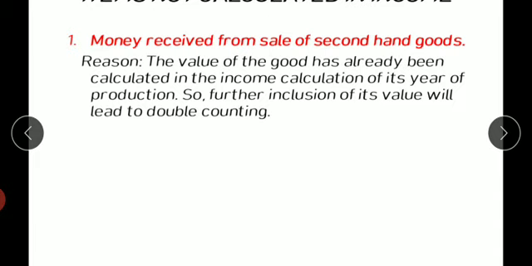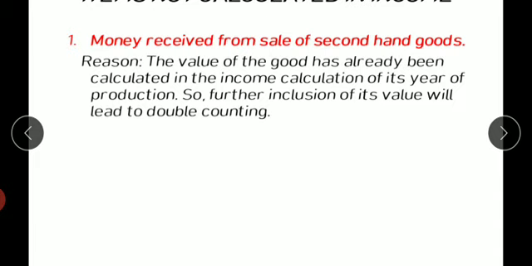If a bike was produced in the year 2015, whatever expenditure was made on its production or whatever income was generated through its production, the value of the bike was included in the year 2015. And now you are selling the bike, suppose in the year 2019 as a second hand bike to somebody, and you are getting some money from that. The bike is not a new bike produced in the current year, so no new income has been generated.